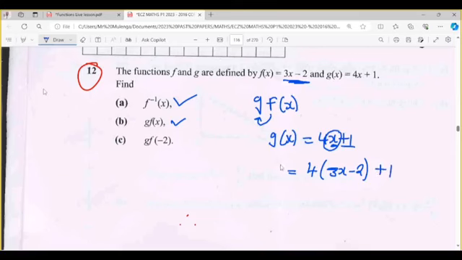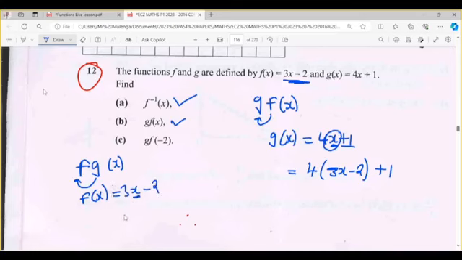Now, in other words, if it was like this, fg of x, this would mean the function of g is the one that is going to compose f. On the function of f, where you have 3x minus 2, here where there is x, I would have put the function of g.